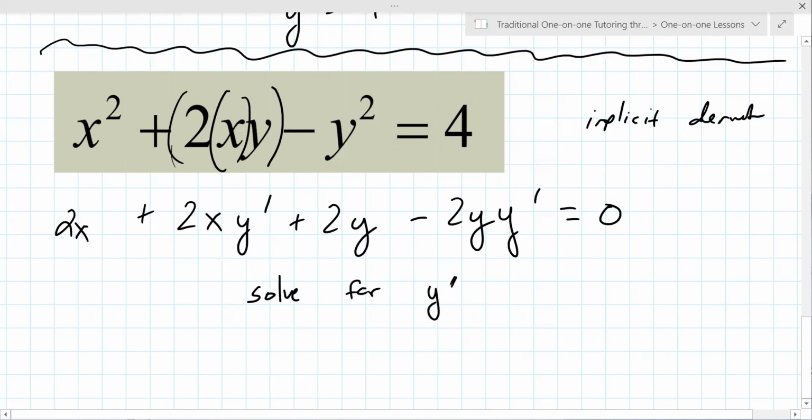So I'd like you to solve for y prime here, please, and I'd like you to keep y prime on the left. Okay. That's fine.